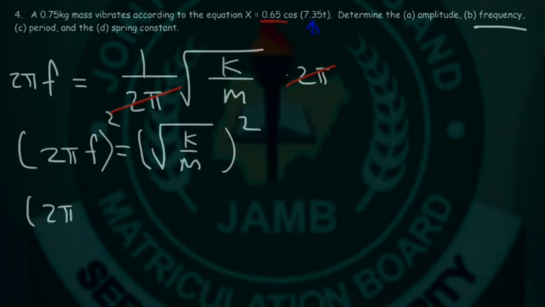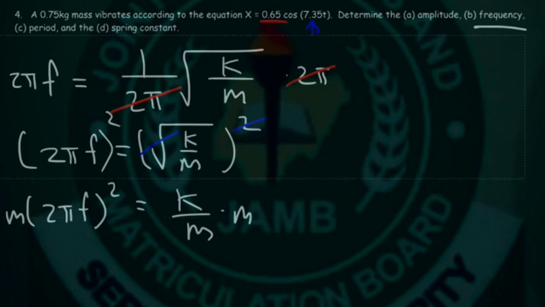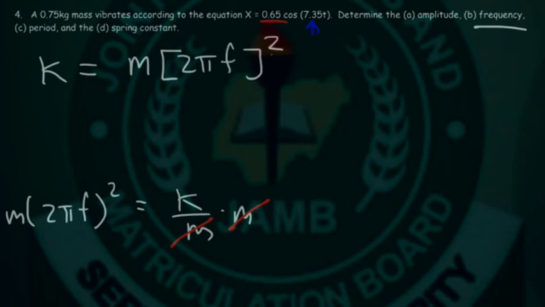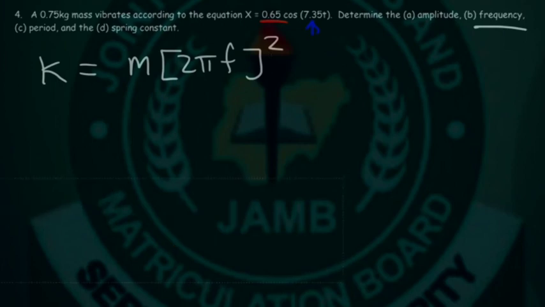So I have 2 pi f squared, and when you combine a square and a square root, those two will cancel. So on the right, all I have is k over m. So I'm going to multiply both sides by m. So the spring constant is equal to the mass times 2 pi times the frequency squared.